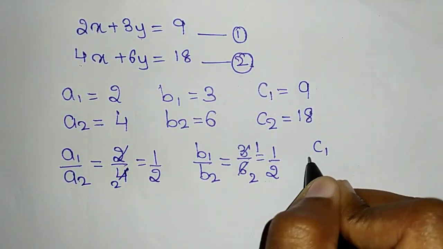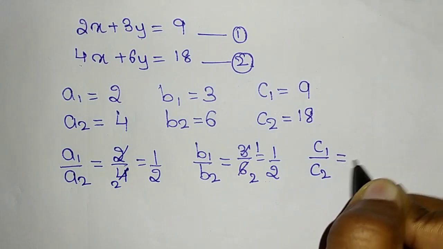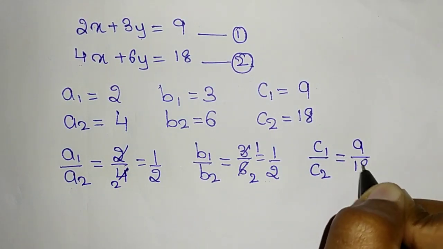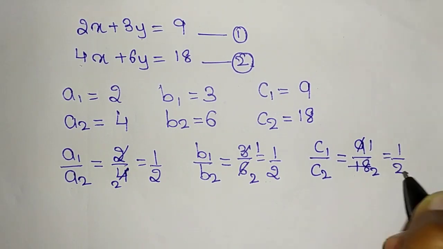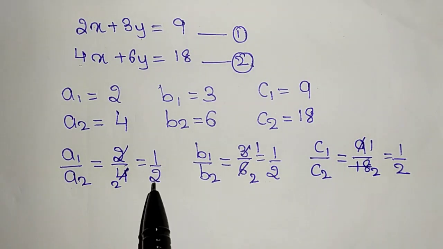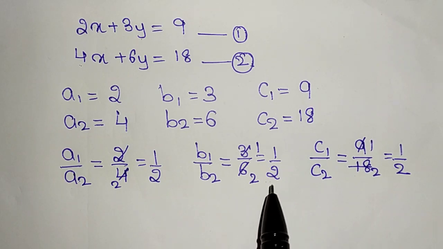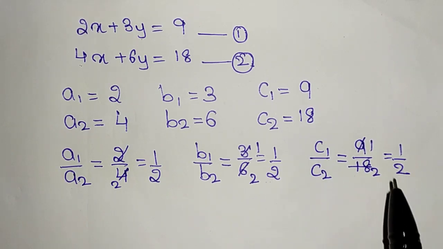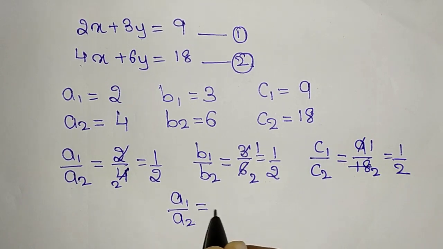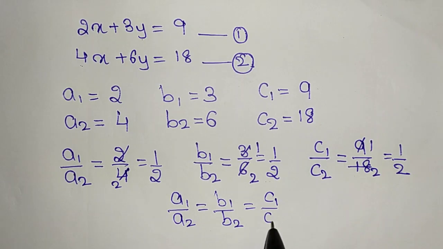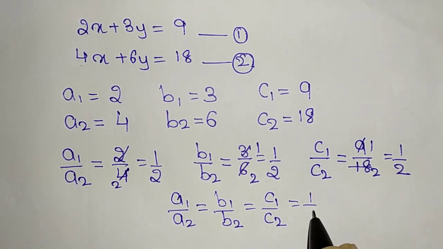So lastly c1 by c2 is equal to 9 by 18, which is 1 by 2. So here a1 by a2 is equal to half, b1 by b2 is equal to half and c1 by c2 is equal to half. This means a1 by a2 is equal to b1 by b2 is equal to c1 by c2 is equal to half.